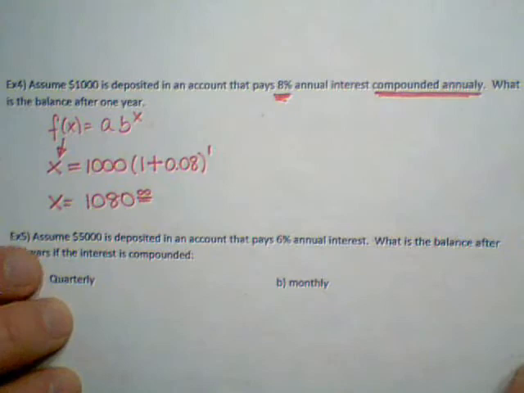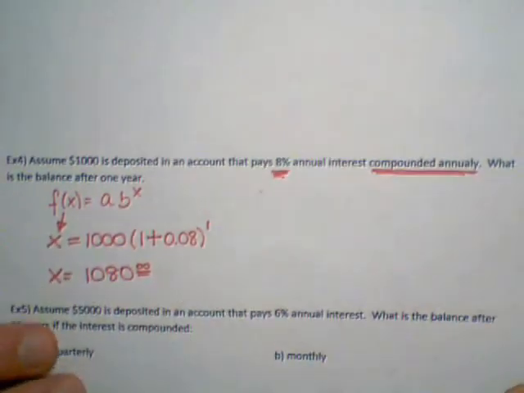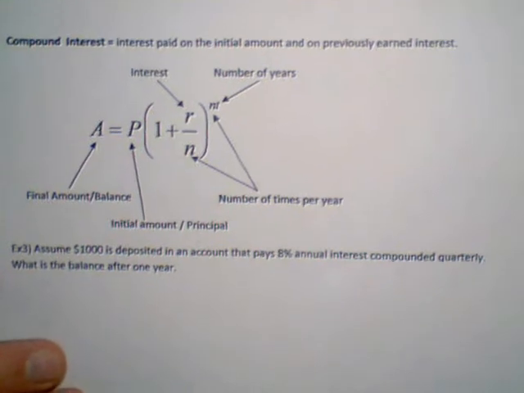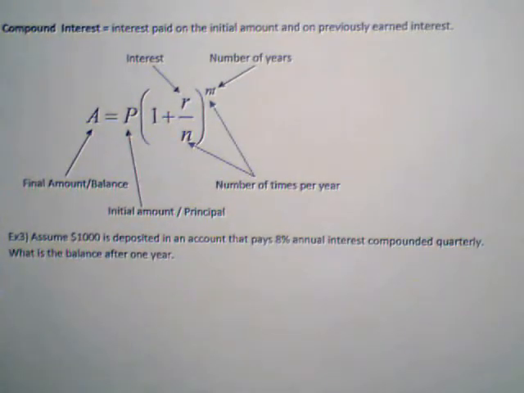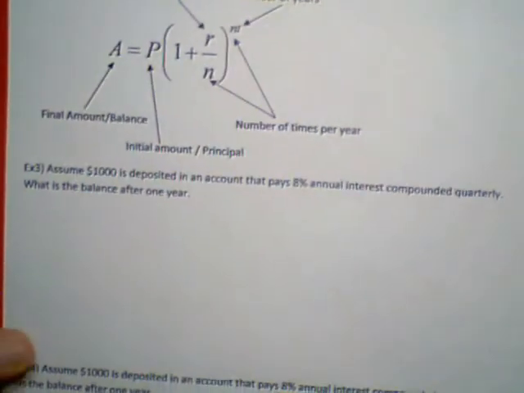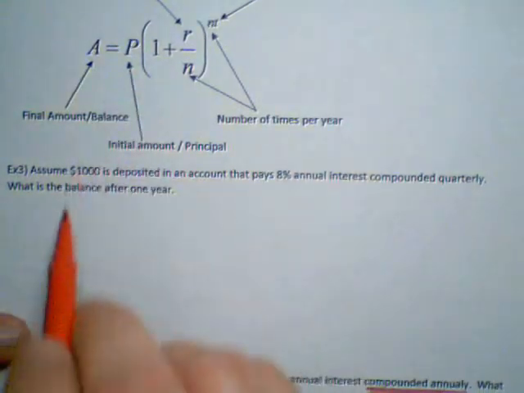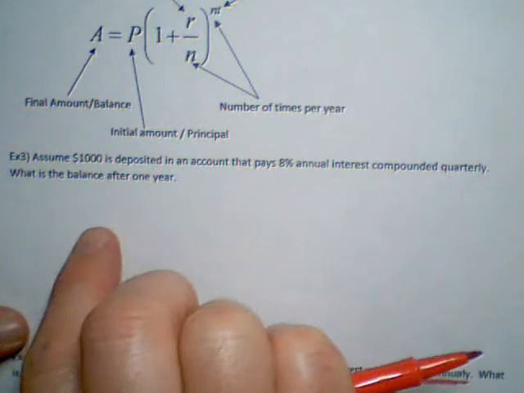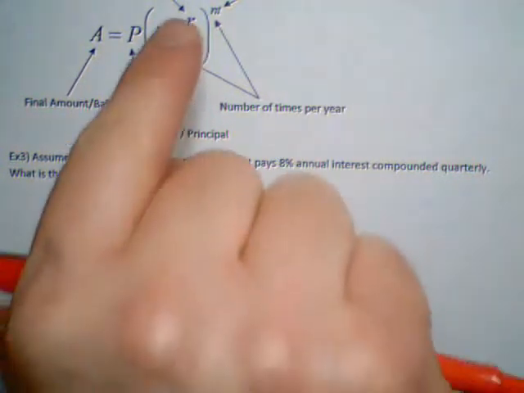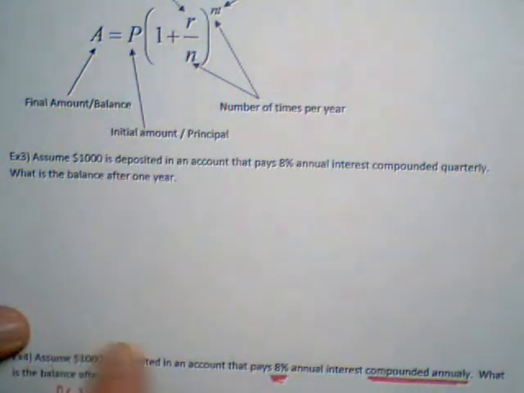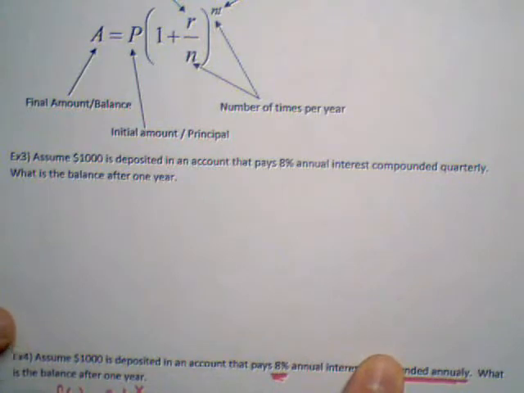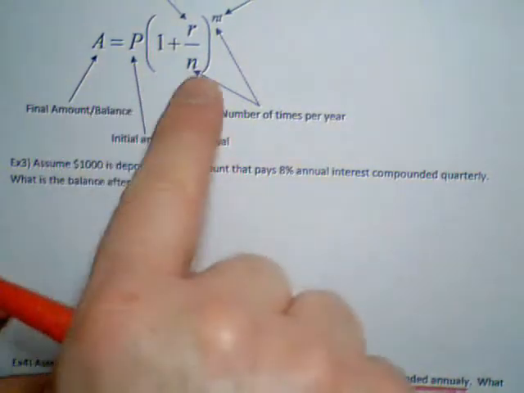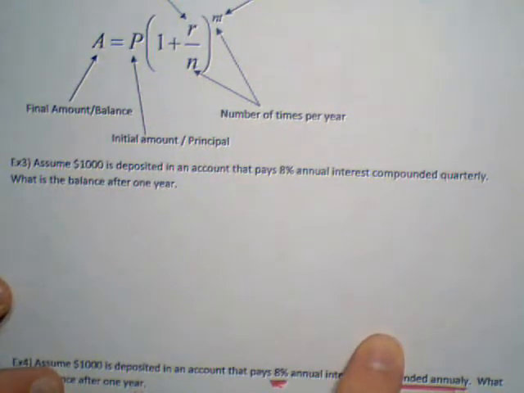Now that leads us to talking a little bit more about compound interest and the different types of interest that we have. Before we talk about the equation, I'm going to demonstrate this example step by step, and then we're going to use the formula to show you how it helps us find the answer real quick.